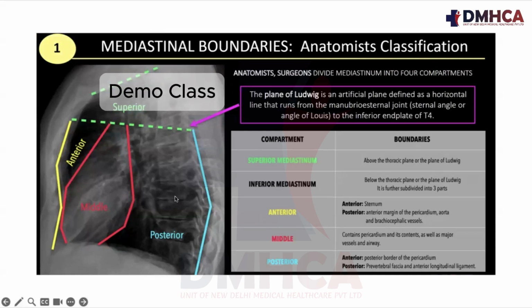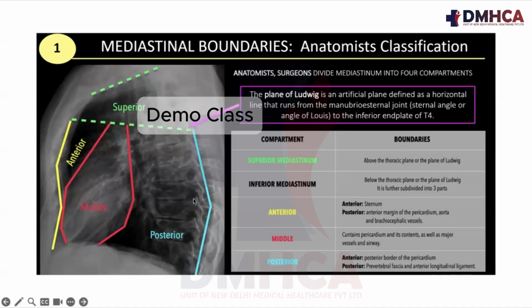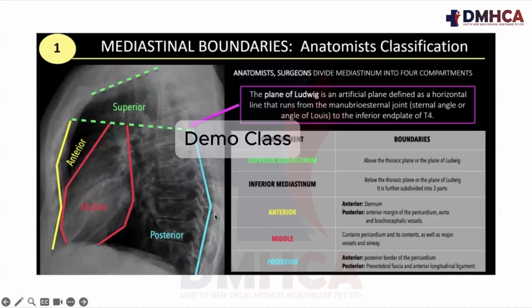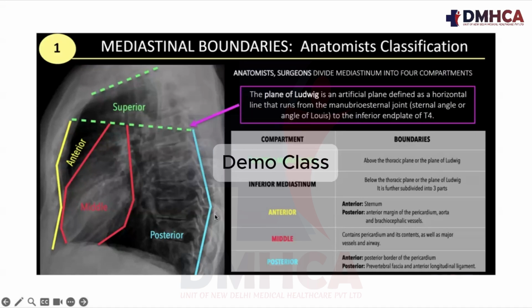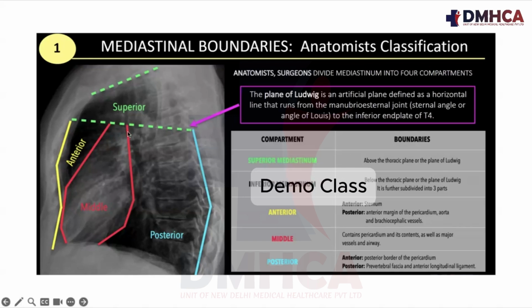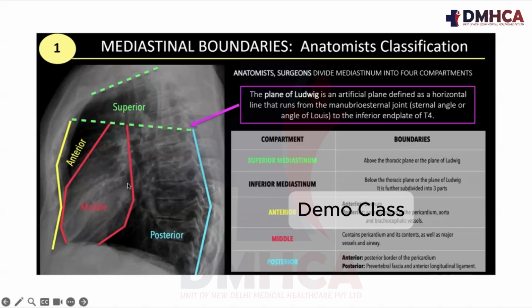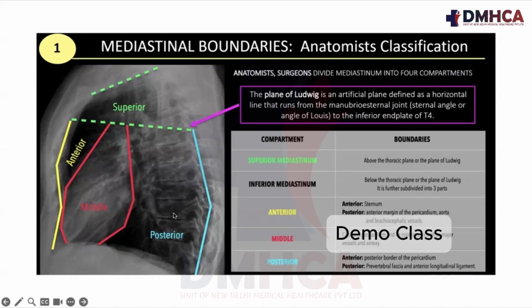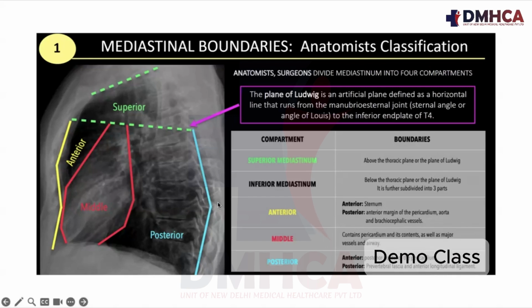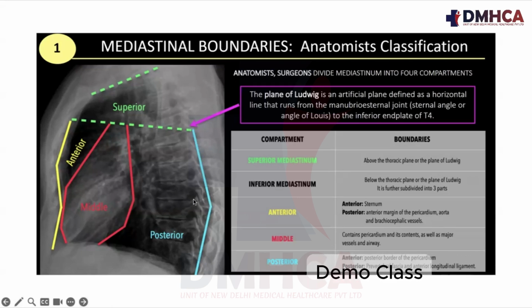Then we draw another line from the posterior border of the pericardium. The second line is at the costovertebral junction. The area behind it is called the posterior mediastinum. The rest is called the middle mediastinum.